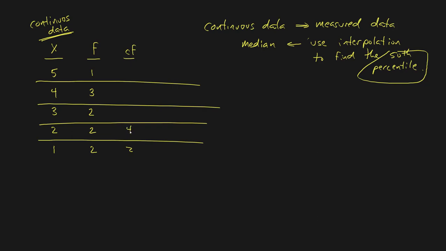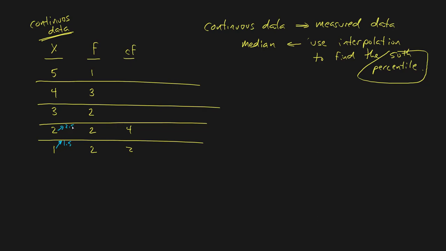4 scores are equal to or less than 2, although rather, I should say, considering that this is continuous data, we have to think of the upper real limits. 1 has an upper real limit of 1.5. 2 has an upper real limit of 2.5. And so 4 scores are equal to or less than 2.5.